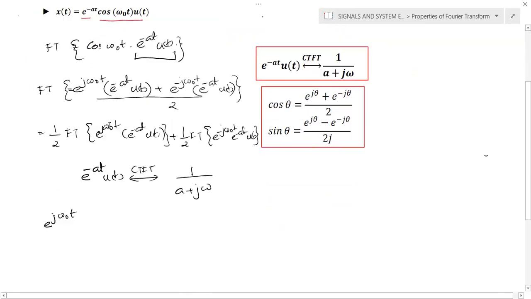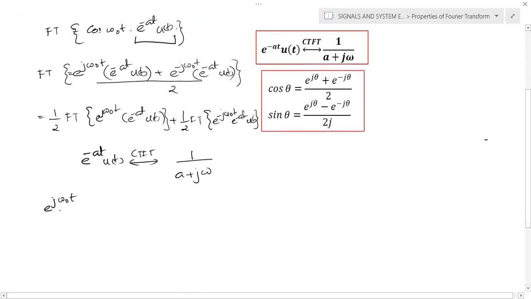That's a property. So here we can consider e raised to minus at into u of t as a single signal x of t, and we know the transform of the signal. And if you are multiplying the given signal with e raised to j omega 0 t, the transform will be simply the shifted version. So a plus j omega minus omega 0.